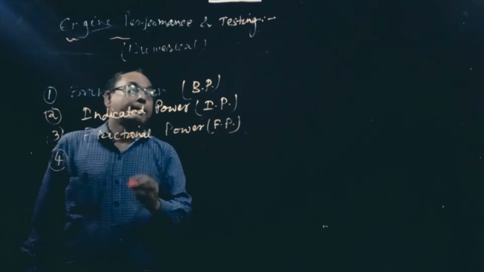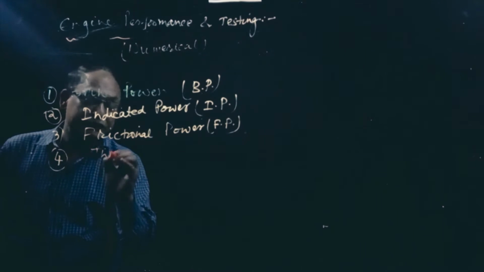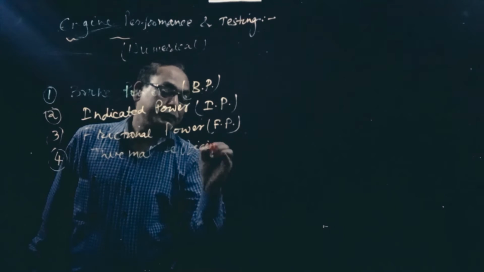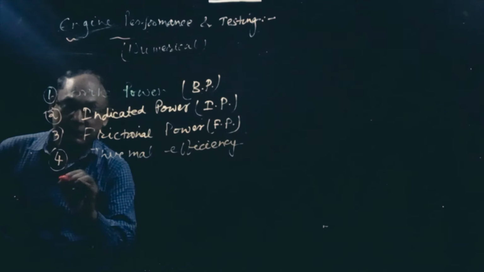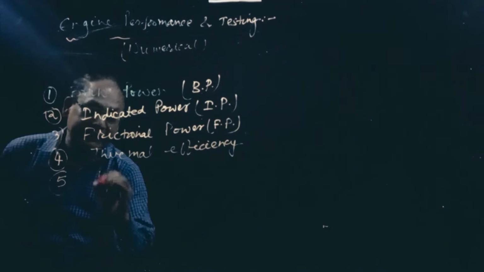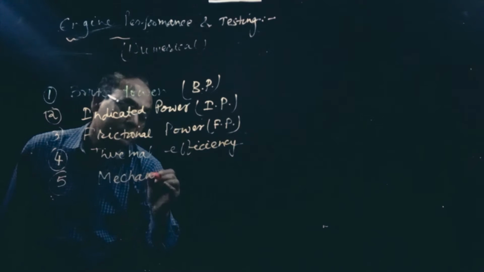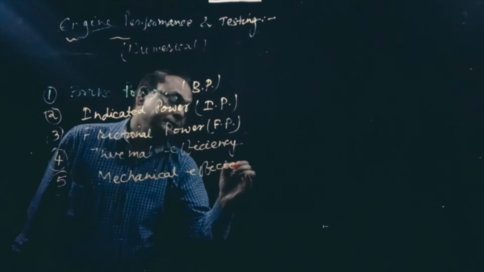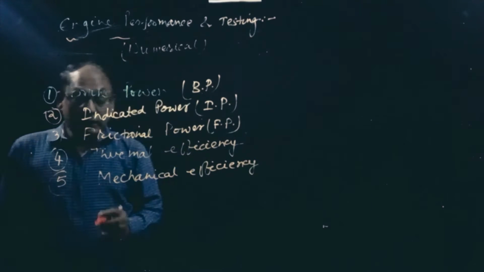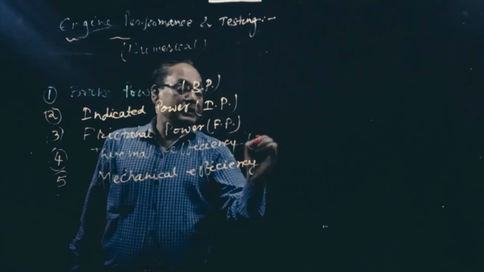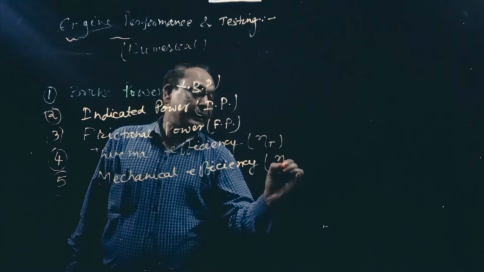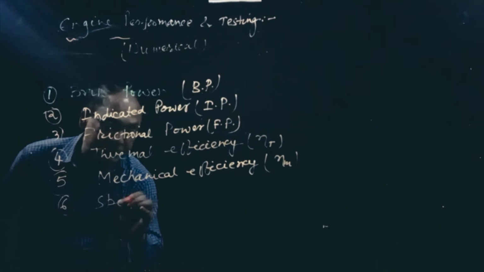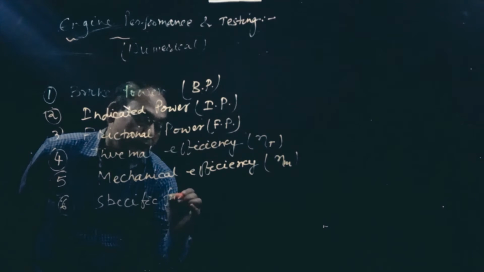Next, thermal efficiency, mechanical efficiency. This is eta T, this is eta M. Then here you have to find out the specific fuel consumption.